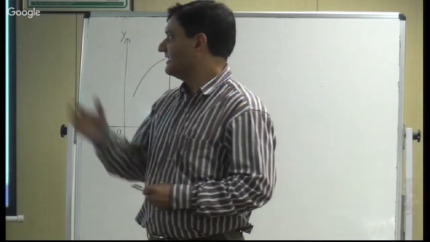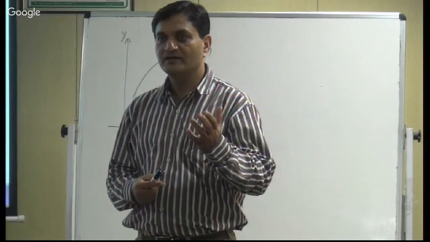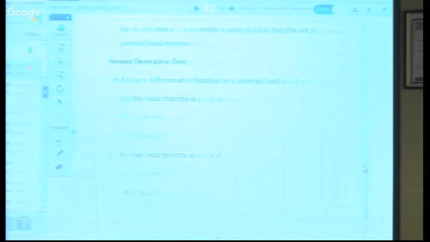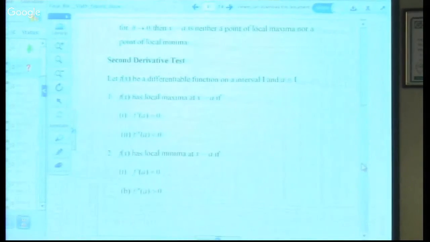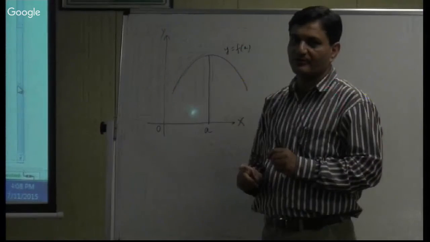Now the second derivative test says that to find a point of local maxima, the first derivative should be 0 at that point, and the second derivative should be negative. I just explained why the second derivative will be negative: when the second derivative is negative, the function is concave down. So concave down is like this. So you will have a maxima at the point x equal to a, right?